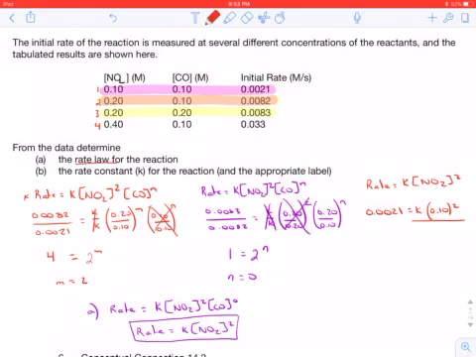We know that 0.1 squared is 0.01. Yes, I had to type it in my calculator. All right. And so we're going to take 0.0021 divided by 0.01, and that's going to give us 0.21. So our K is equal to 0.21.